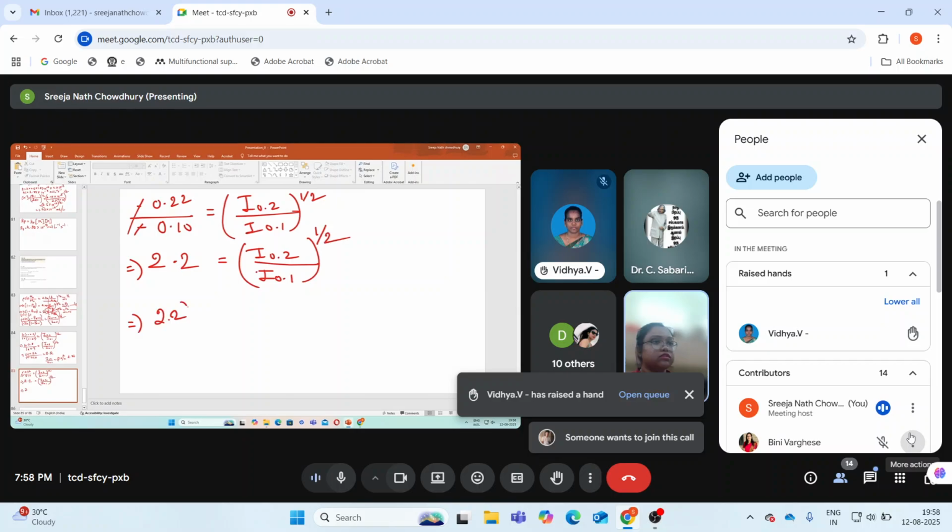The formula for weight average molecular weight is... Let me note it down first. Let me calculate first.